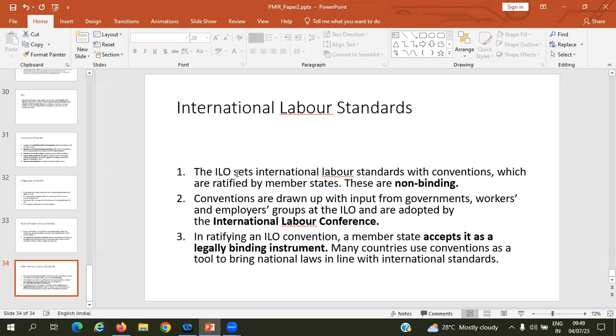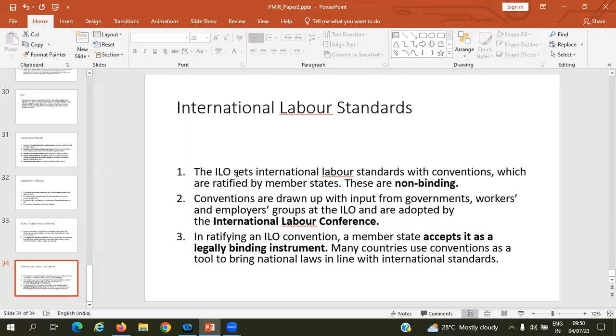Another is any organization, any national level organization or trade union who are joining with convention, member state, those issues are becoming standards.